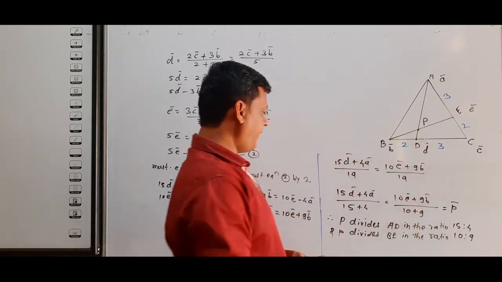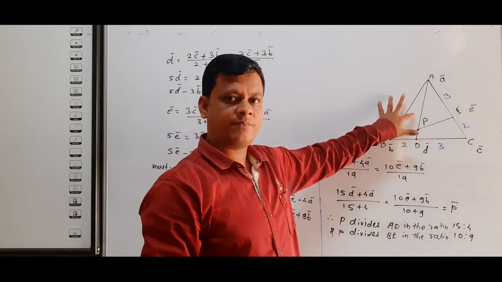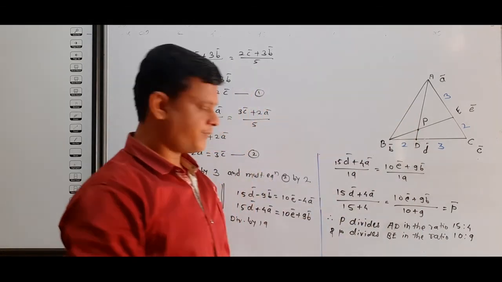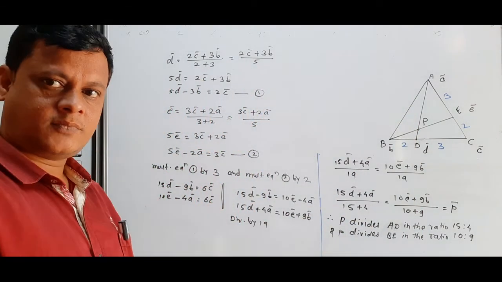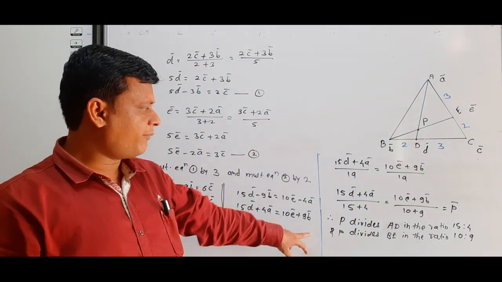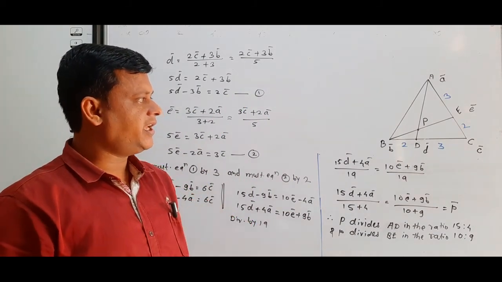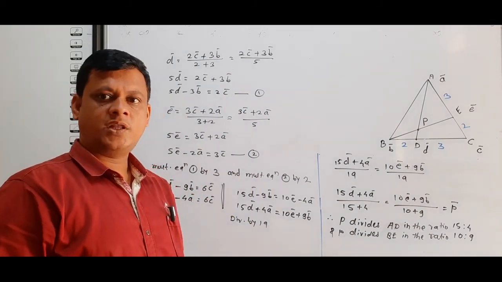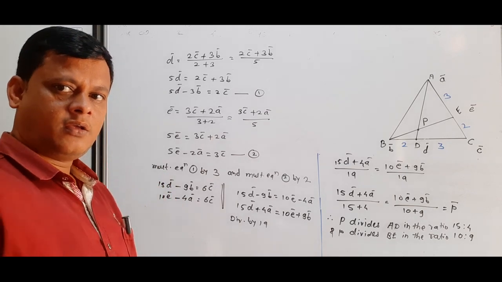So in this way we find the position vector of point P, and the ratio in which that point P divides sides AD and BE. So in this way we solve the question.